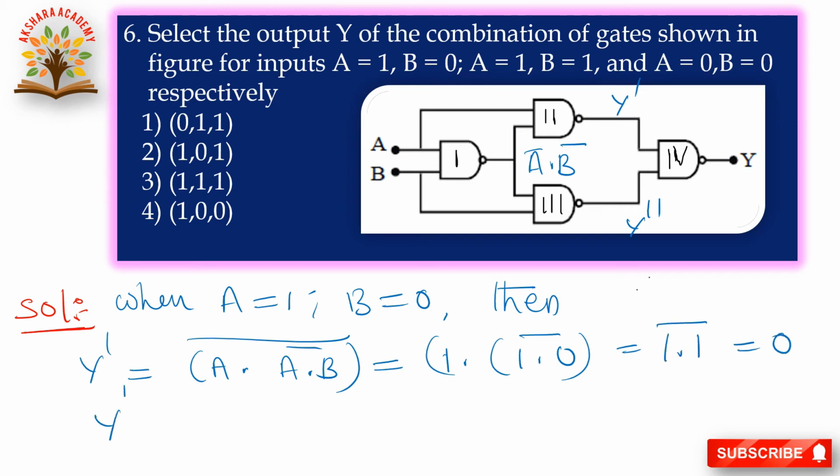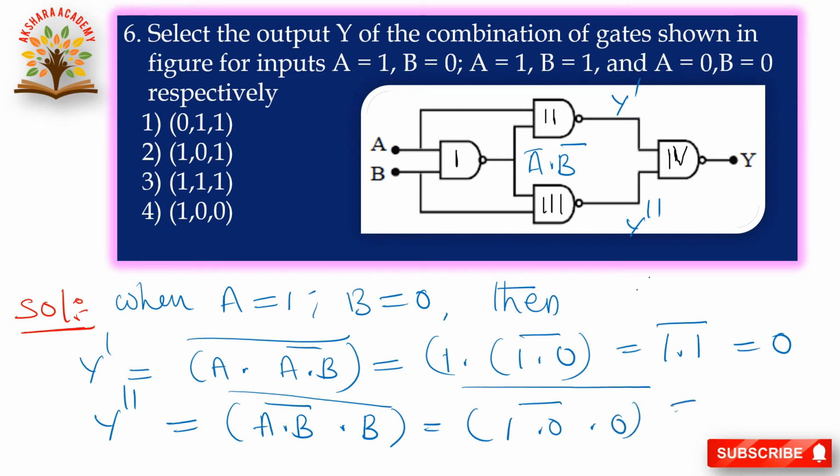Next, Y double dash is equal to A bar dot B bar dot B, that is equal to 1 dot 0 bar dot 0 bar, so that is equal to 1 dot 0 bar, which is equal to 1. Y is equal to Y dash plus Y double dash, so that is equal to 0 plus 1, which is equal to 1.